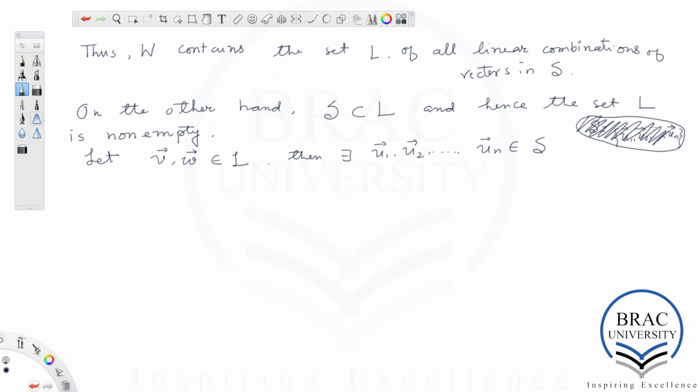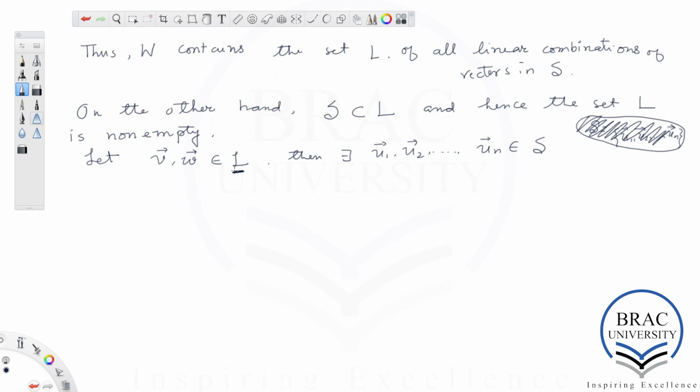So since v and w are in this collection, the collection of all linear combinations, to be more precise, the collection of all finite linear combinations. We don't say finite explicitly, because whenever linear combinations are said, it is of course finite, since there exists nothing like an infinite linear combination.